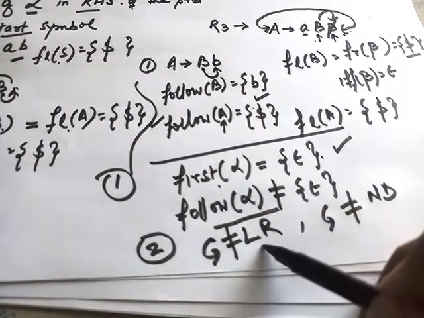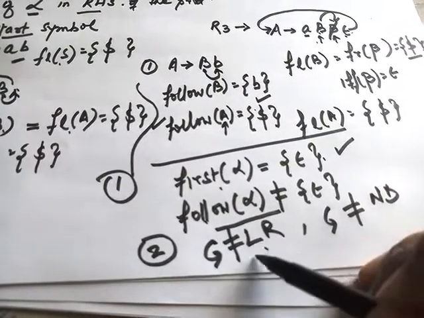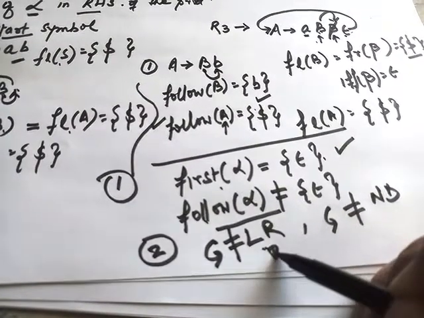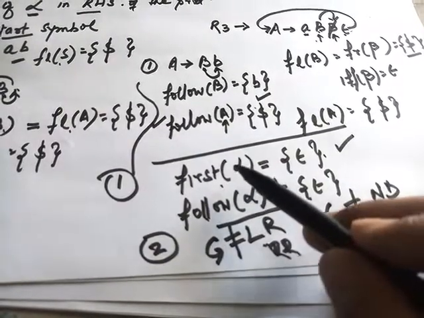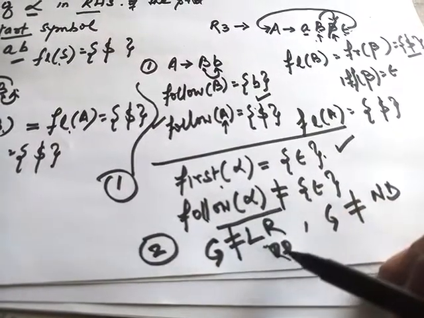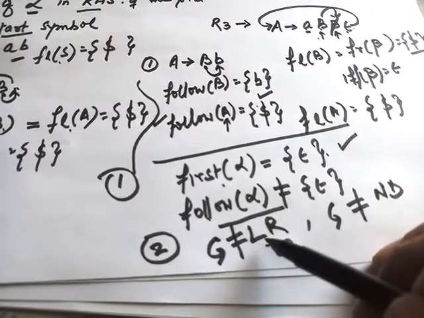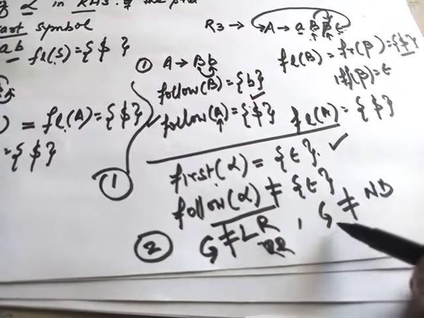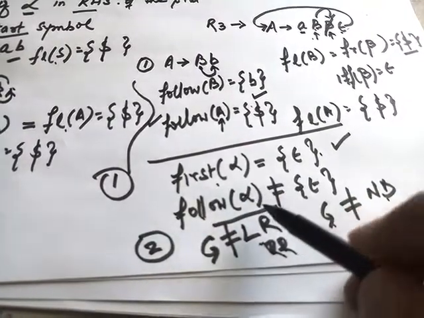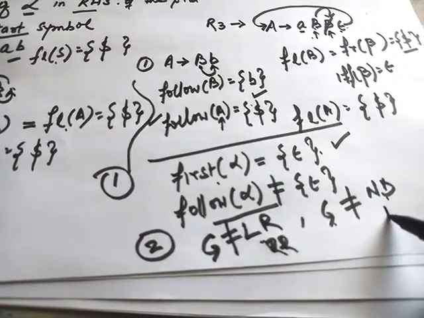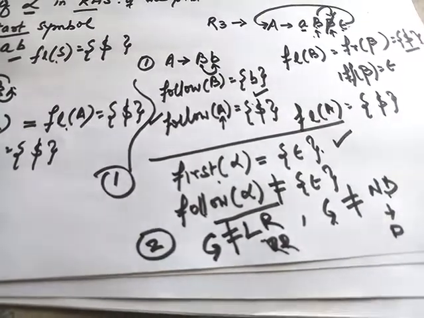So if your grammar is left recursive, you have to convert it into right recursive so that you can find out first and follow, because first and follow cannot work with left recursive grammar. Similarly, if your grammar is non-deterministic, you cannot find first and follow. You have to convert this grammar into deterministic grammar.